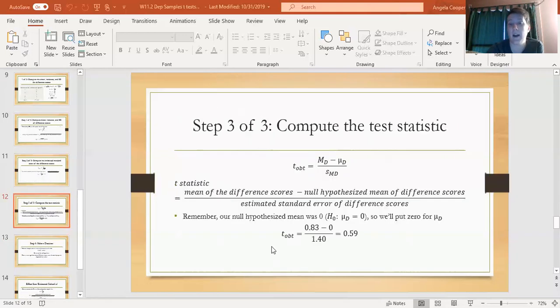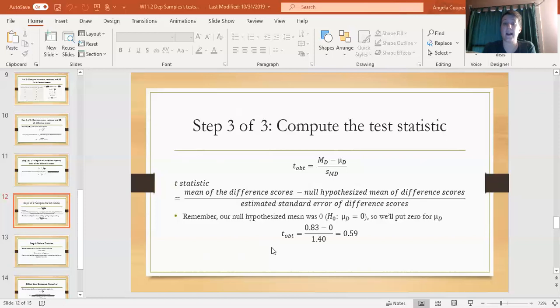All right, finally, here we are at the final stretch. To get our test statistic, our t statistic, we take the mean of the difference scores, which was 0.83, which we calculated back in step 1, minus the null hypothesized mean of difference scores. For a dependent samples t-test, that null hypothesized mean of difference scores is always going to be 0.